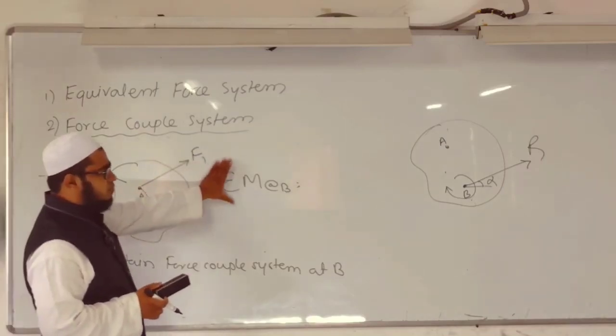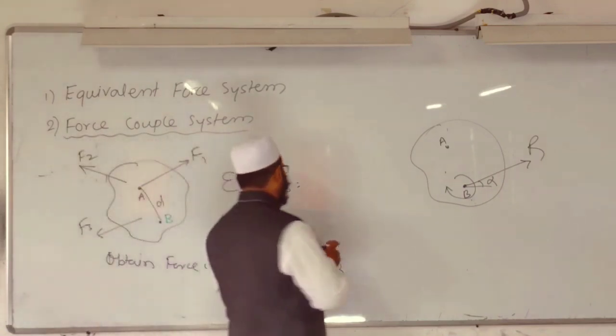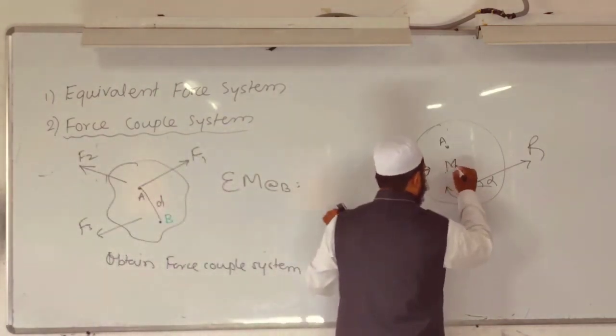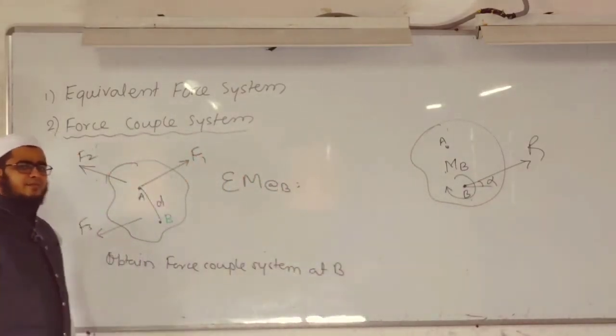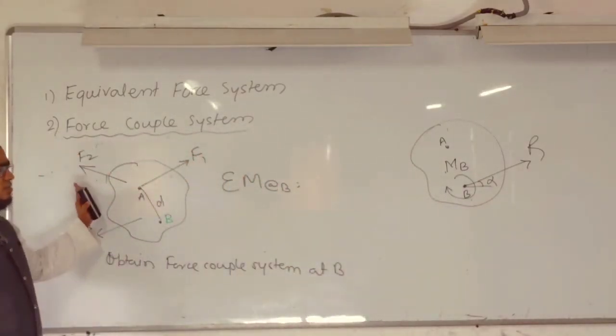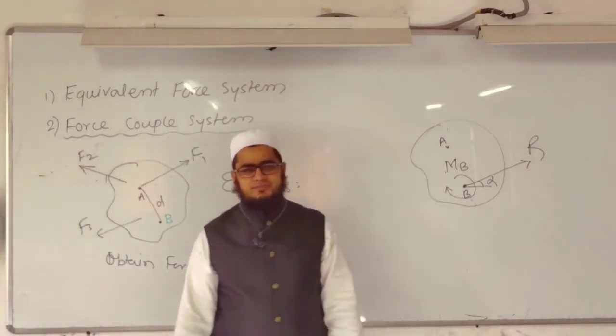After calculation of the moment at point B, show that moment as a couple at the desired point. Here I will write moment MB. Then the given force system is converted into the equivalent force couple system.